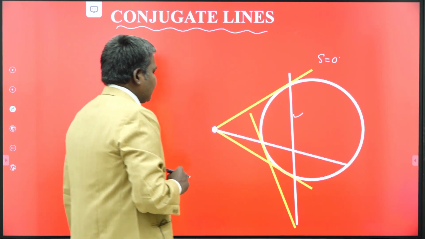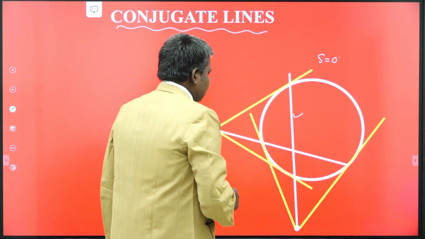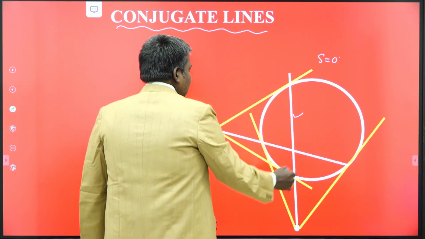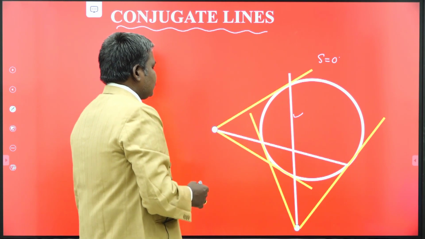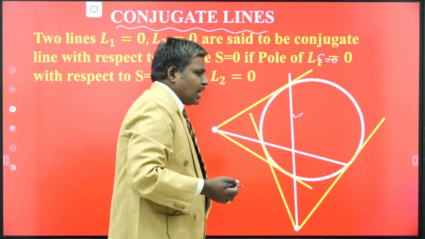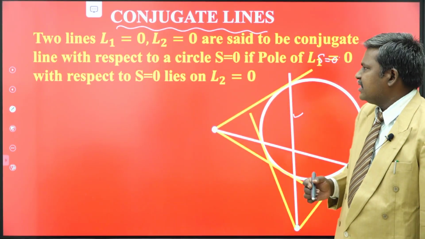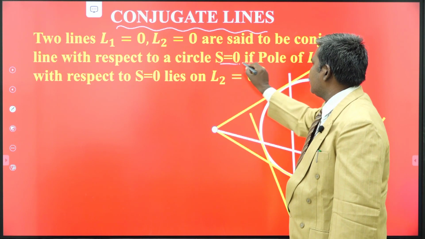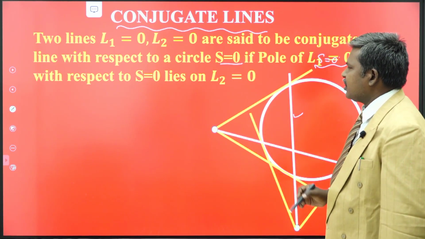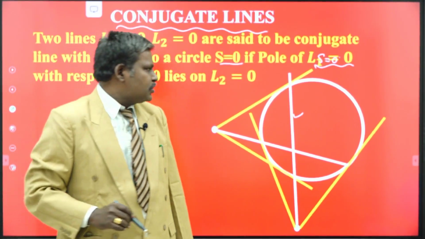Similarly, draw the tangents from the point on the line to this circle, then its polar passes through this point. So two lines L1 equal to 0, L2 equal to 0 are said to be conjugate lines with respect to a circle S equal to 0 if the pole of line L1 equal to 0 with respect to the circle S equal to 0 lies on L2 equal to 0.